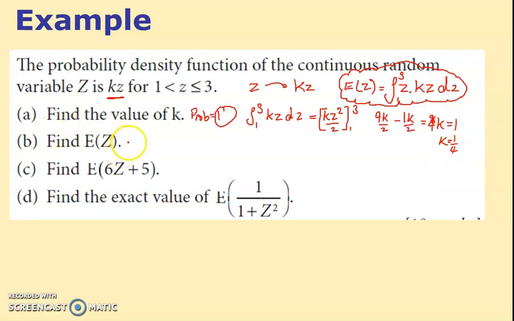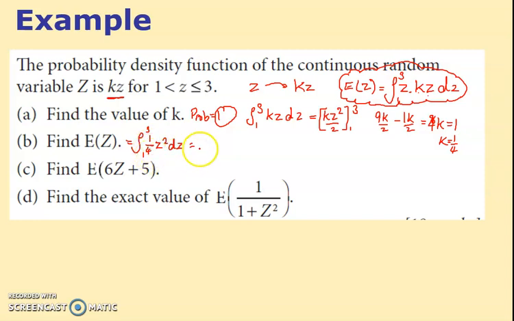So given that, if I want E(Z), it's the integral. Now notice what I've set up here, it's the integral from 1 to 3 of z times kz. I can now simplify that to a quarter of z squared dz between 1 and 3, because k is a quarter and z times z is z squared. What does this give me then?